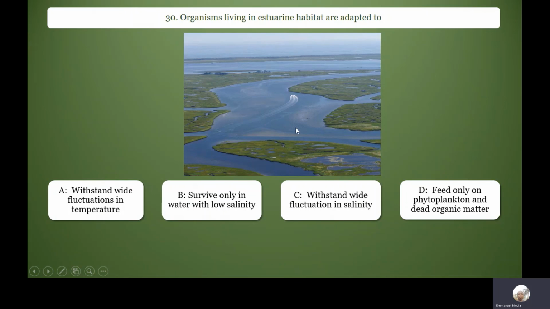So there's always fluctuation in the level of salt in such water bodies because of the rising of the water level in the ocean or sea. So the correct option is C.